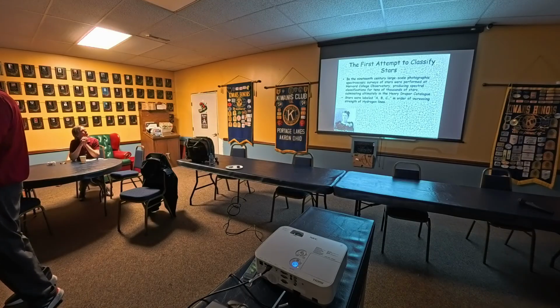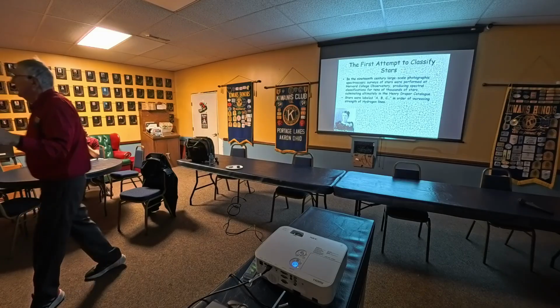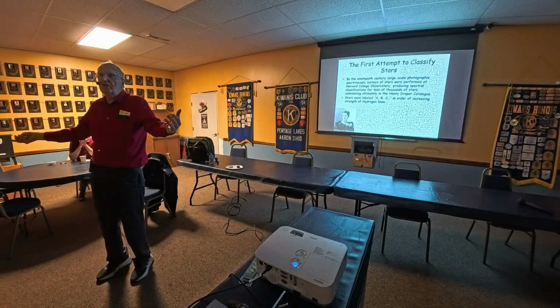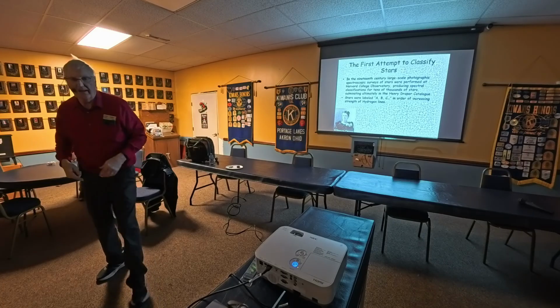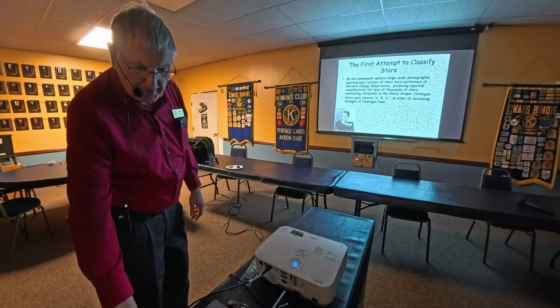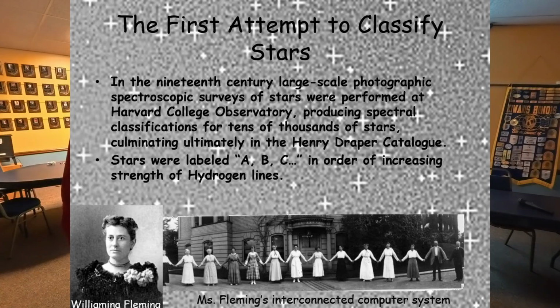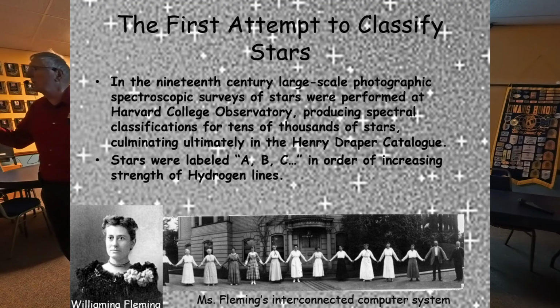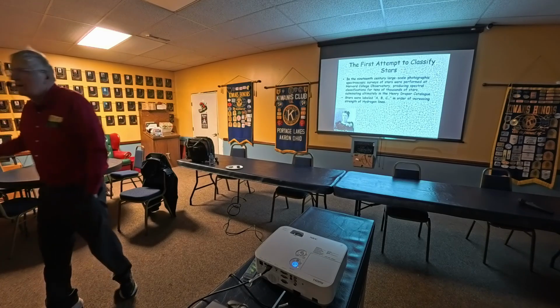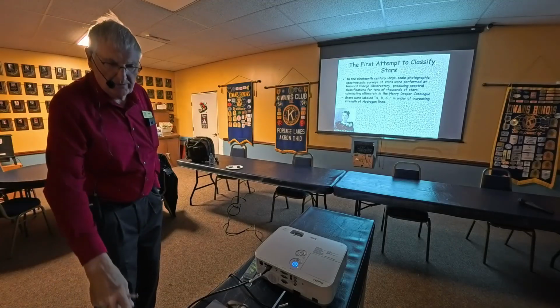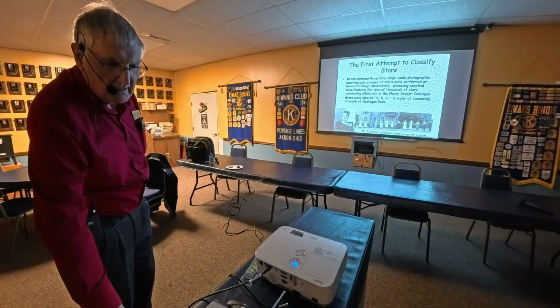They were taking photographs of spectra, and it was a time when we actually moved astronomy from sitting in a telescope, we moved it into the lab. And Wilhelmina Fleming was one of their primary people on that. And they started classifying stars based on the strength of their hydrogen lines. And they classified them A, B, C, D, on down the line based on the strength of their hydrogen lines.